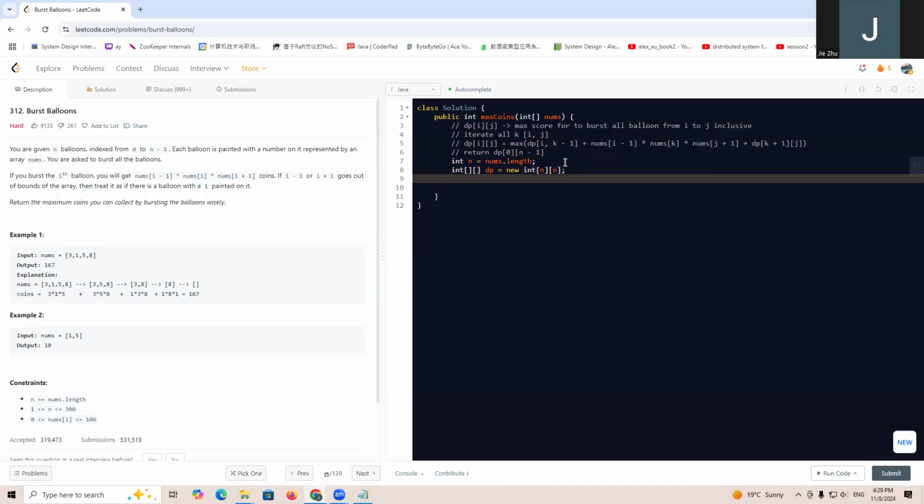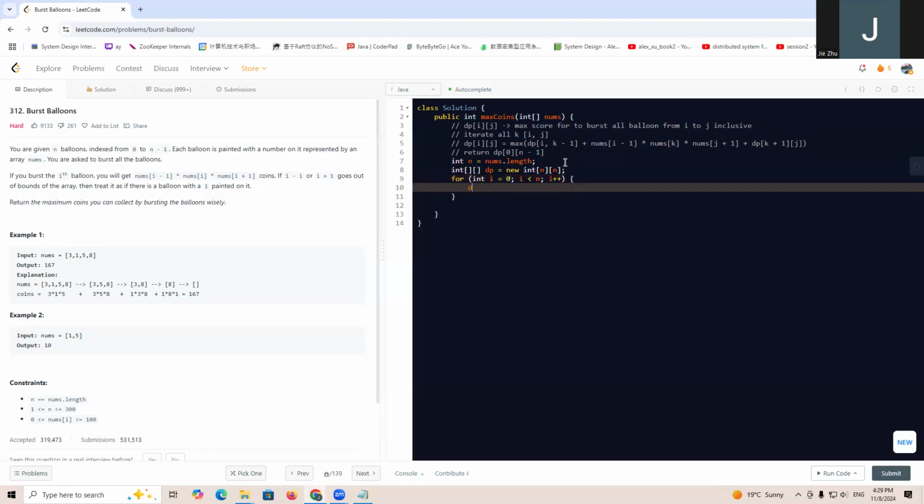For the initial state, of course, we can write, for example, for int i equals 0, i smaller than n, i plus plus, right? And the dp i equals nums i minus 1, right?